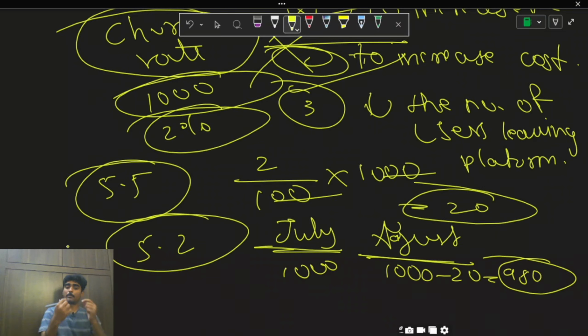The 0.3% change is very much huge, because Netflix is a bigger organization and will be having millions of people. So 0.3% change is also a considerable change. So as a data scientist, you have decided to decrease this churn rate from 5.5% to 5.2%.